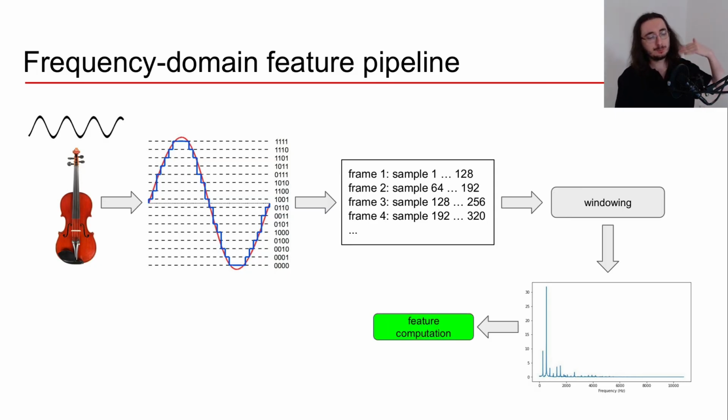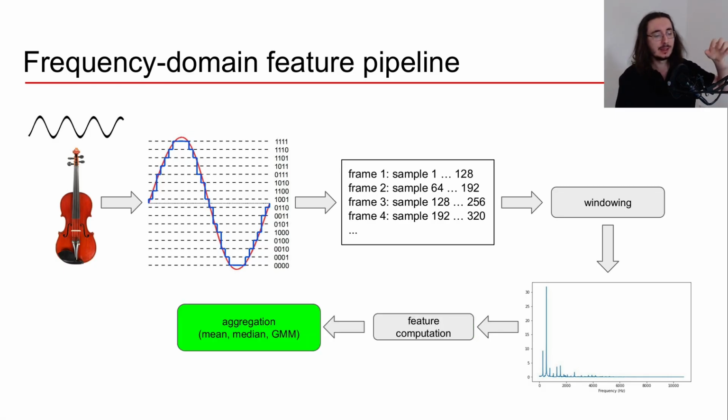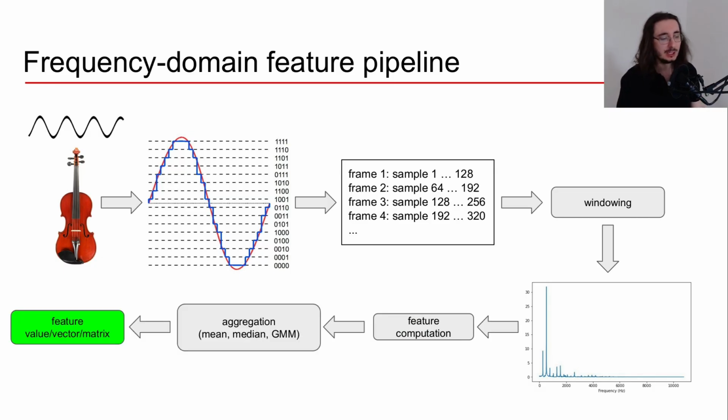So we compute frequency domain features on each frame, then we aggregate these results for the entirety of the audio signal using some statistical means, and finally we would get a frequency domain feature value, vector, or matrix.